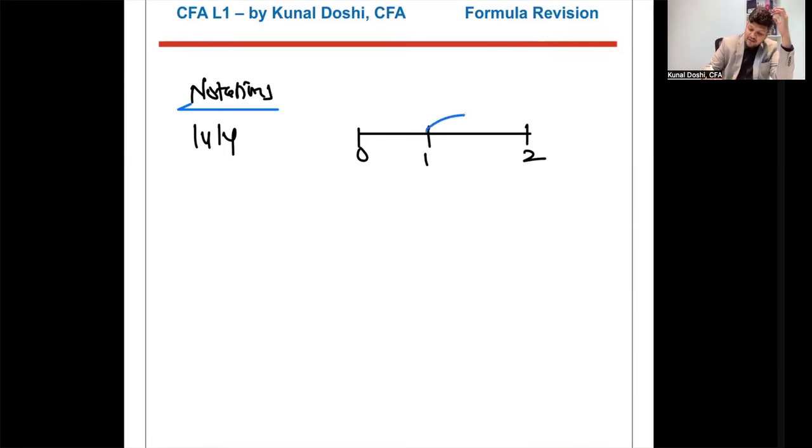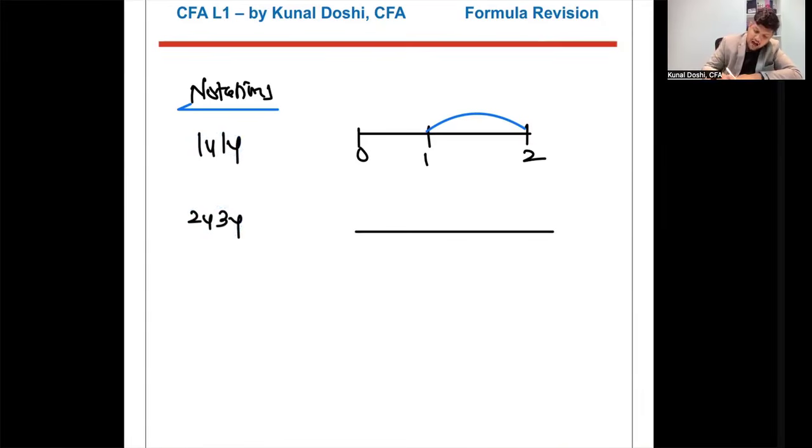It is 1y, 1y: 1 year rate after 1 year. One more thing. What is 2y, 3y? Correct. It's a 3-year rate after 2 years. So how many rates do you need? 0, 2, and 5.